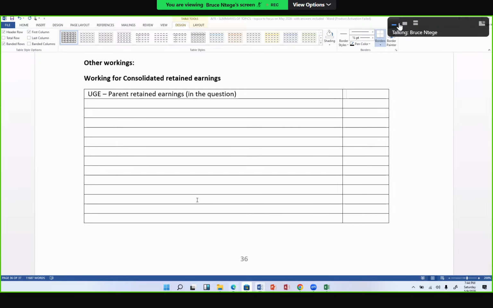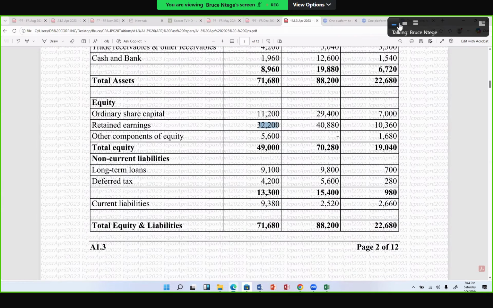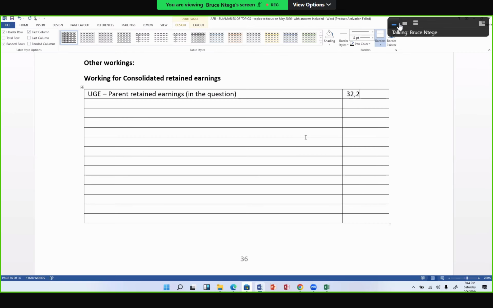The retained earnings of the parent is 32,200. The figure is here, 32,200. So I have 32,200.